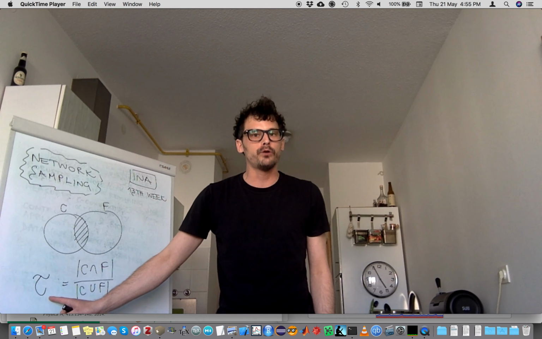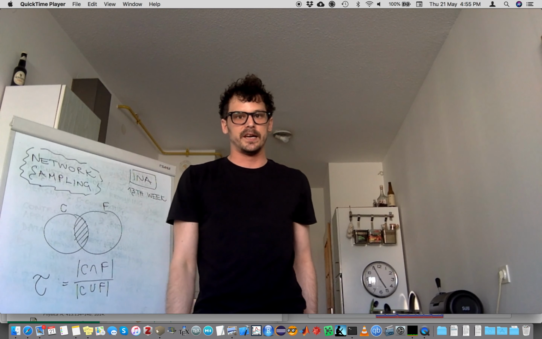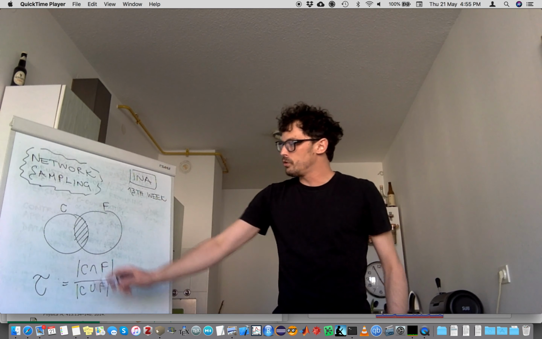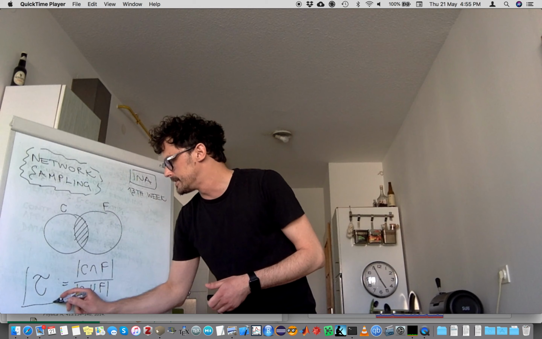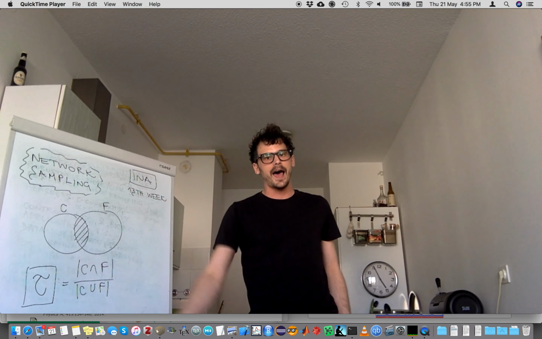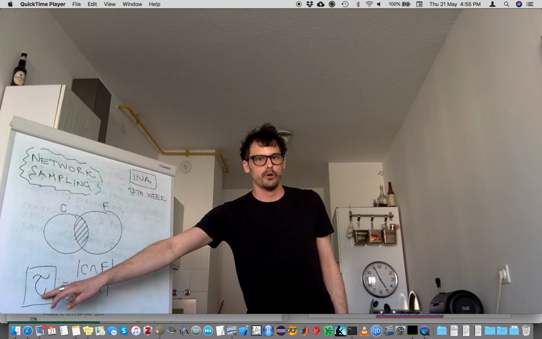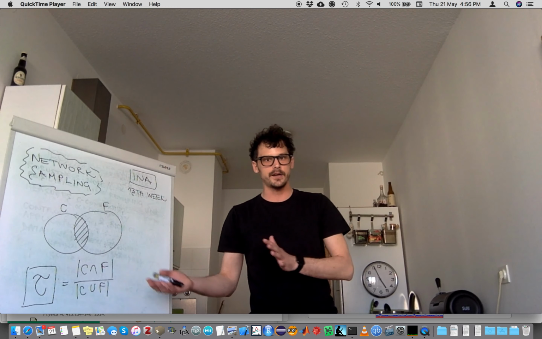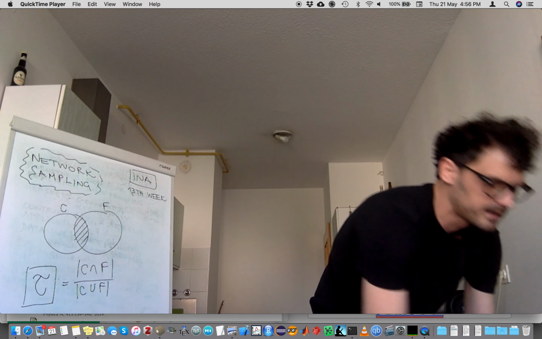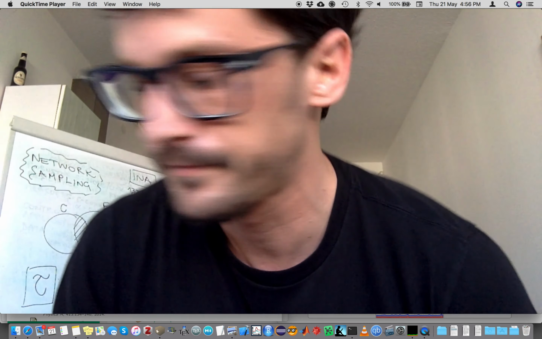If tau is close to 0, meaning that C and F are disjoint, I found a bipartite structure, and so on. So the values of tau are basically telling me how community-like the clusters I have found are. If tau is close to 1 or larger, I get more community-like clusters than if tau is close to 0.